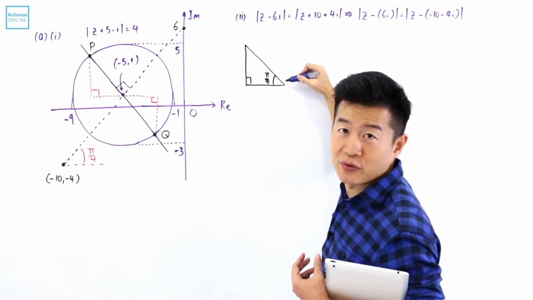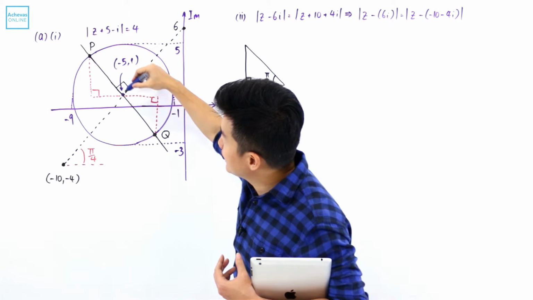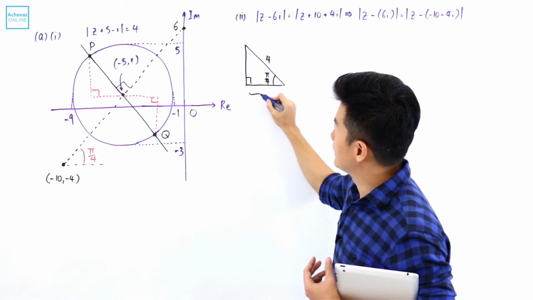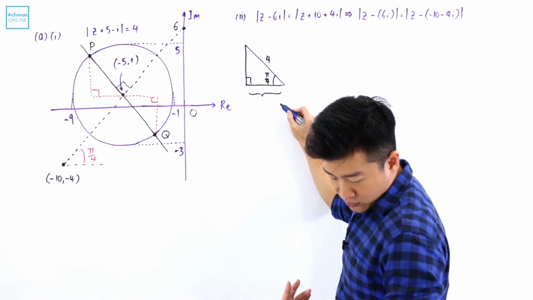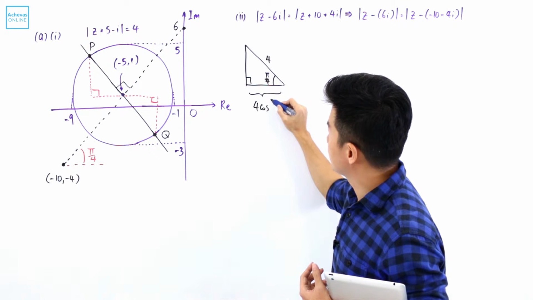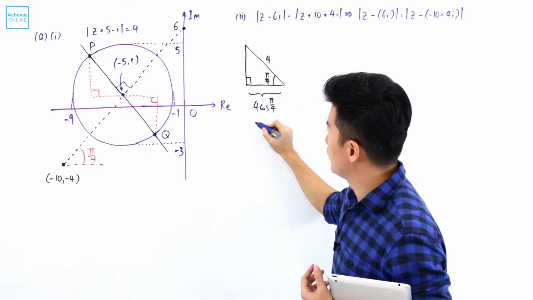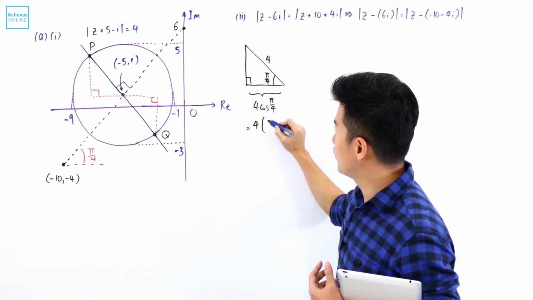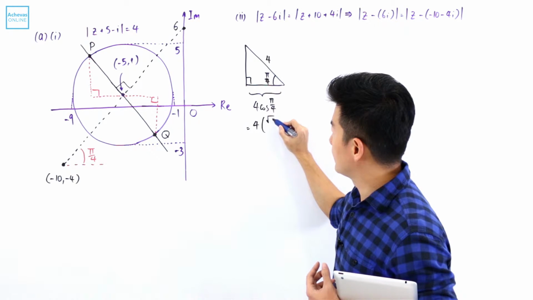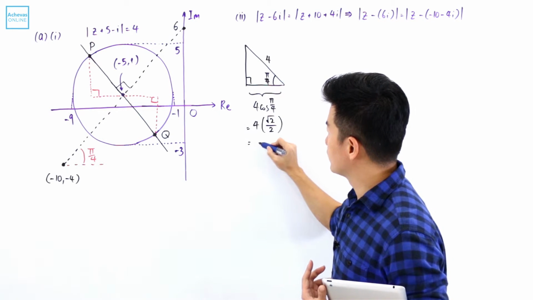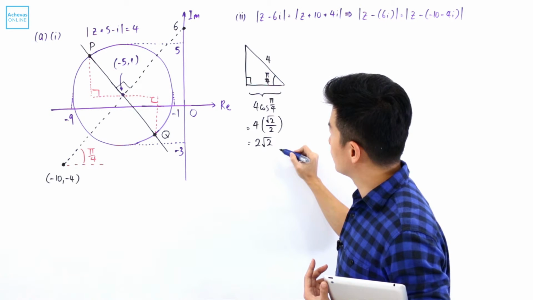The hypotenuse of this triangle is the radius of the circle, so the hypotenuse is 4, which means that this side over here is going to be equal to 4 cosine of pi over 4. Cosine of pi over 4 is square root of 2 over 2, so this is going to be equal to 2 square root of 2.